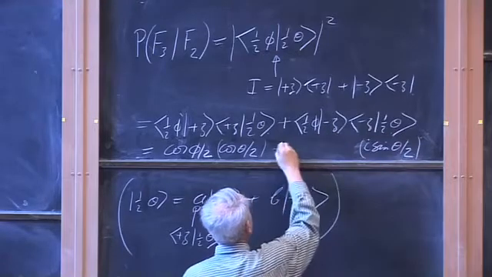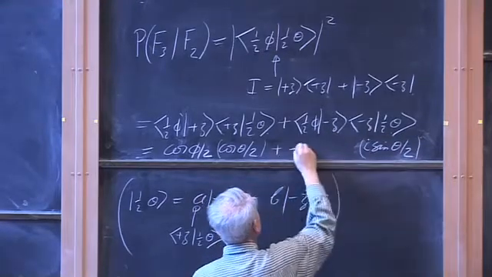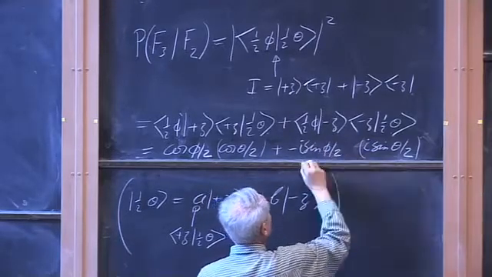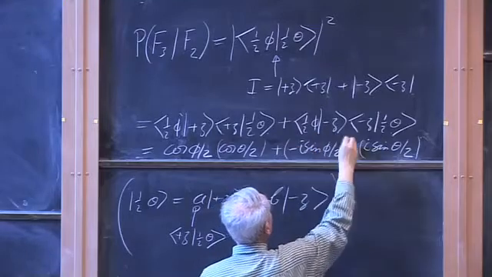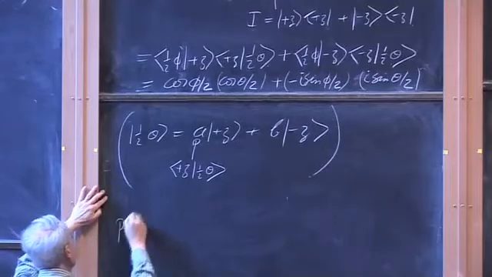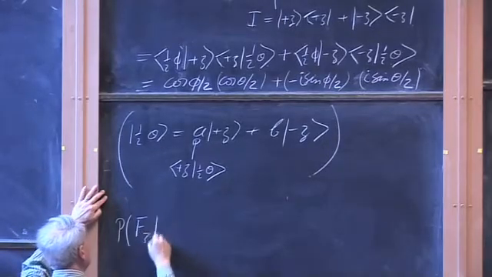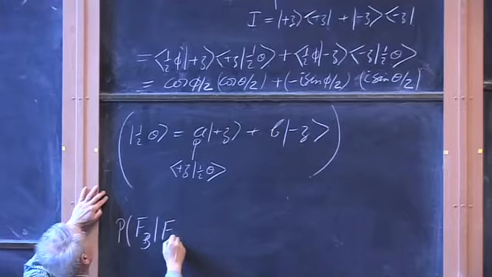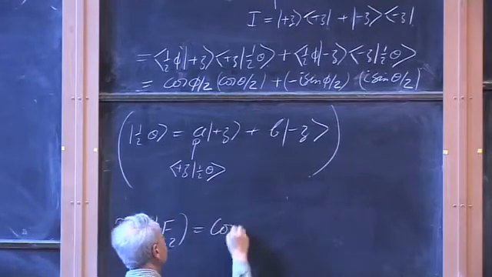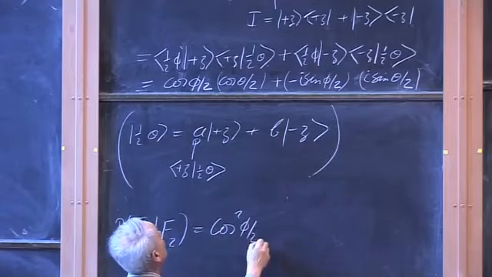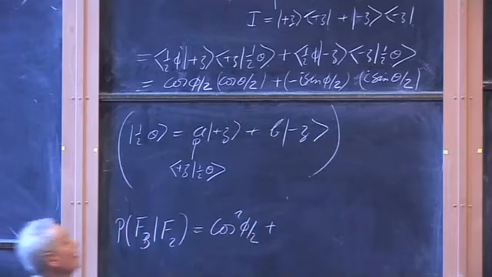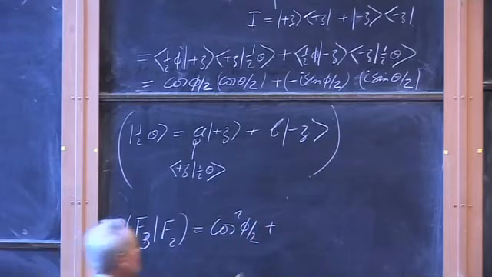So I now have to write down the complex conjugate of that, which is minus i sine phi over 2. So that's what that comes to. So the probability that we get through F3, given that we got through F2, is going to be cos squared phi over 2 plus, because that minus sign and that i and the pair of i's make a plus sign, sine squared theta at phi.